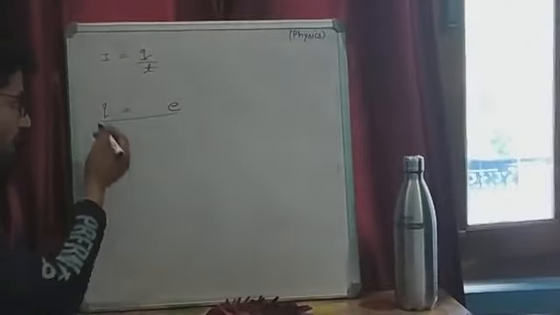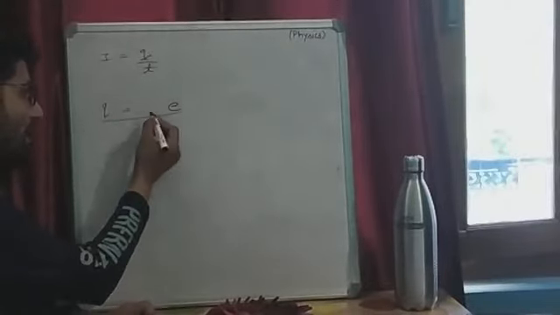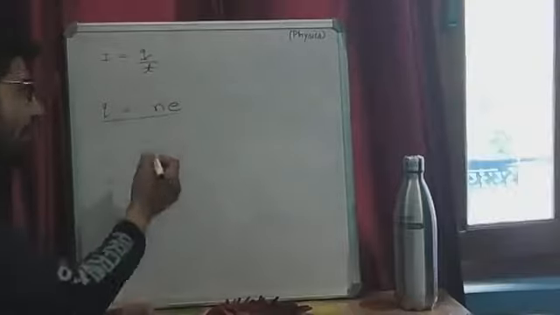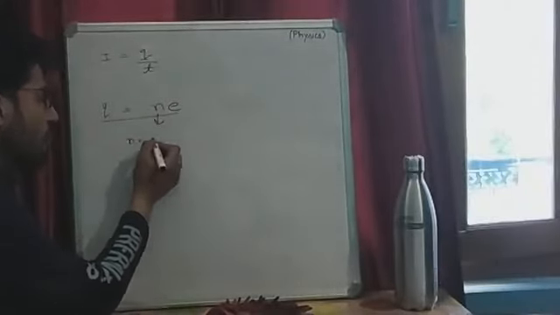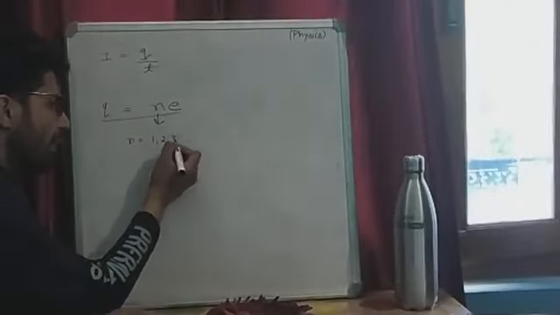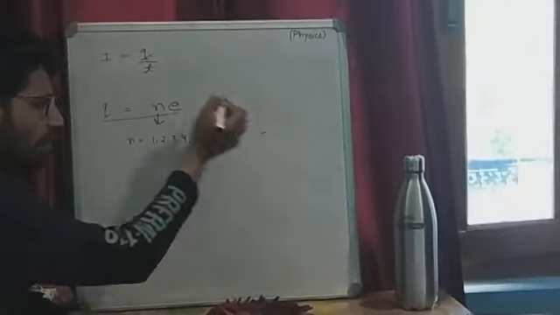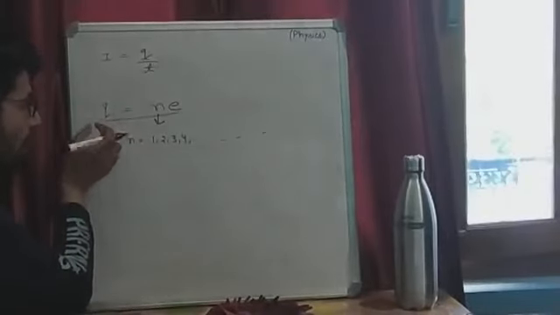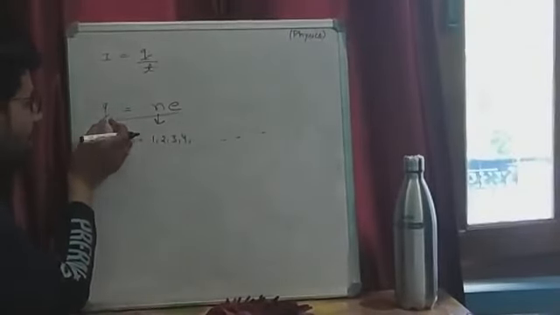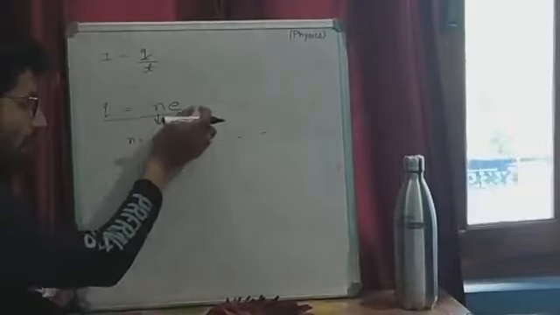So the formula for electric charge is Q equal to N into E, where N is the number of electrons. It may be 1, 2, 3, 4, and so on. You will always remember this formula: Q equal to N into E.